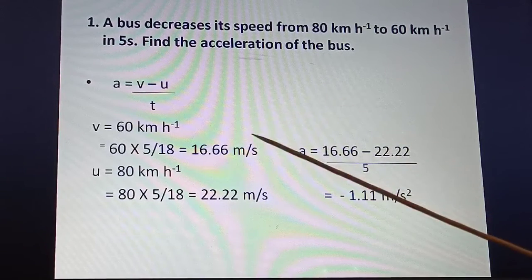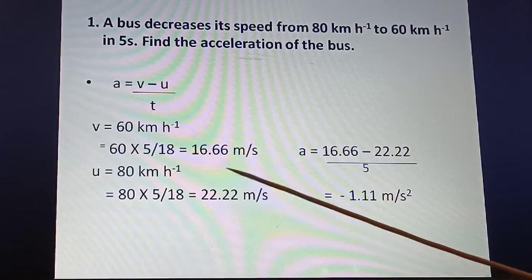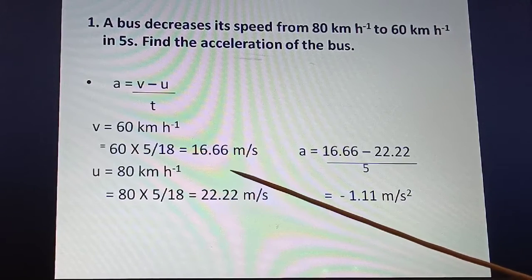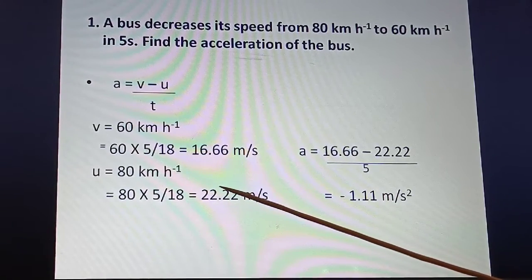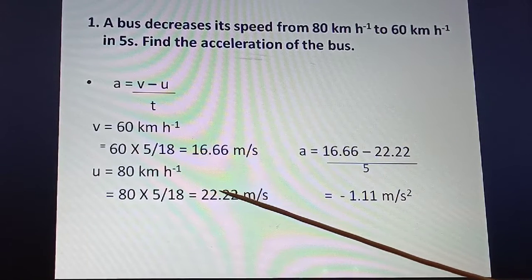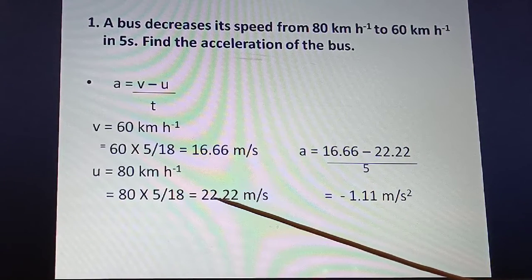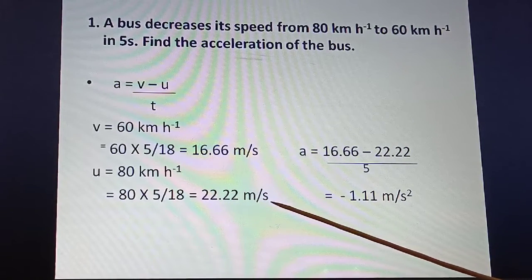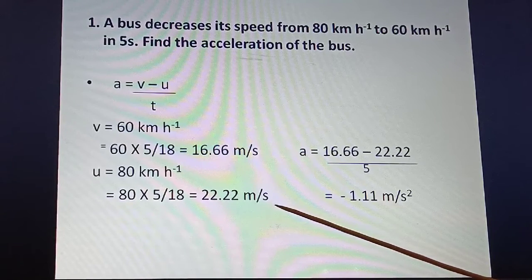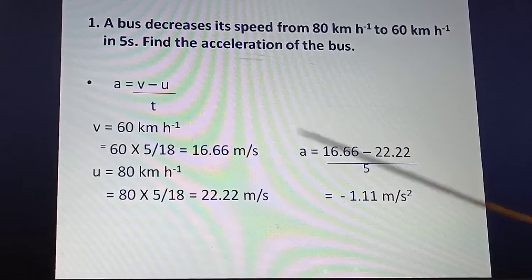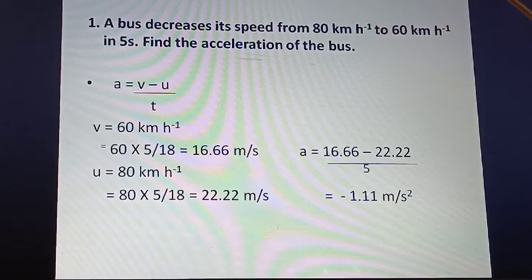As usual, even the initial velocity, that is 80 kilometer per hour. So 80 into 5 by 18, you get 22.22 meter per second. So now you have got the velocity in meter per second, both initial as well as final. Now let's find out the acceleration.